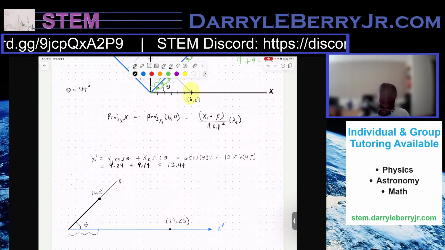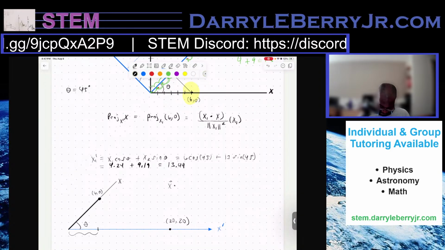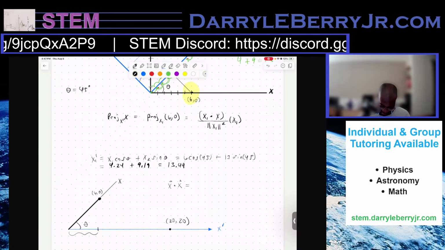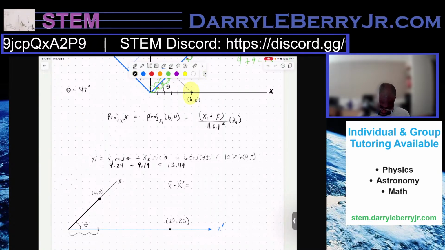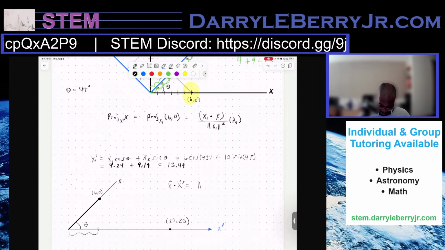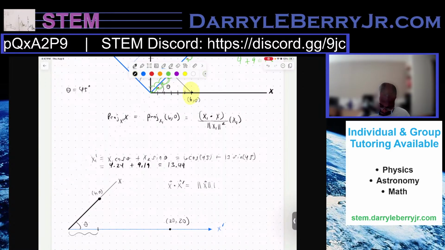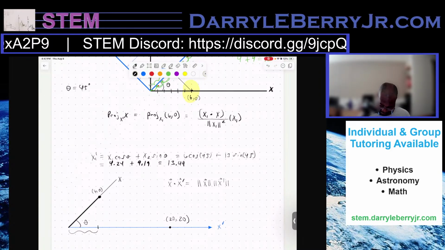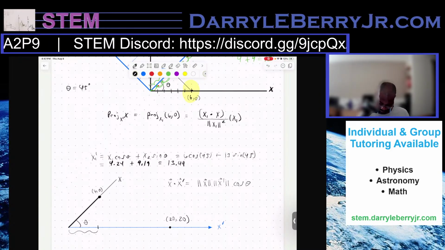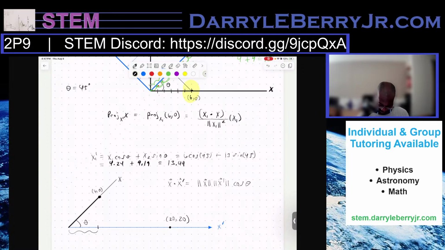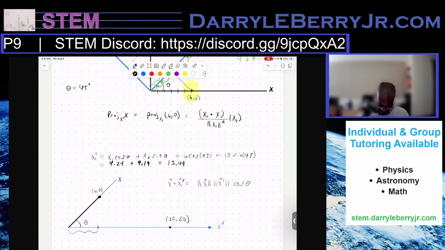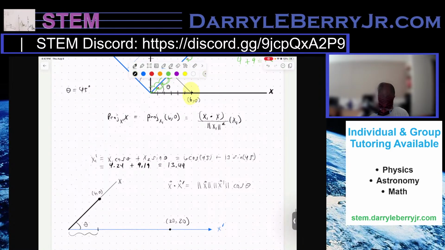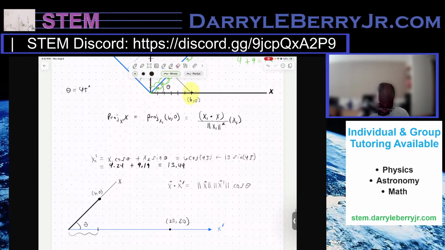Well, we know that x dot x prime equals magnitude of x, magnitude of x prime, cosine theta. So I guess I can just arbitrarily pick a magnitude.